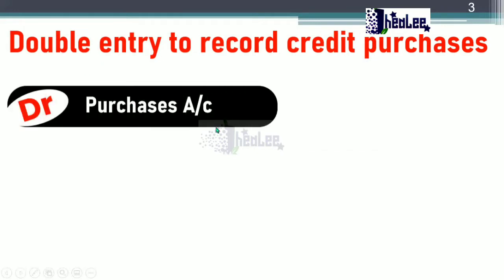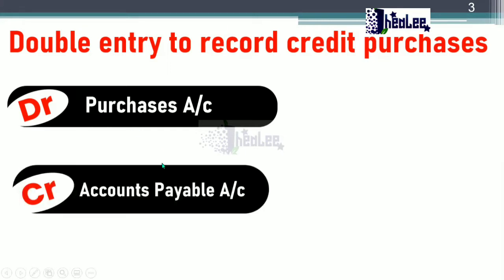Once a business purchased goods, there's an increase in the value of purchases, so your purchases account should be debited. Once a business bought these goods and did not pay for them at the same time, it means there is an increase in the value of what the business is owing to its creditors. So therefore, your accounts payable account should be credited, because this is a liability. There's an increase in the liability, so you have to credit the account.